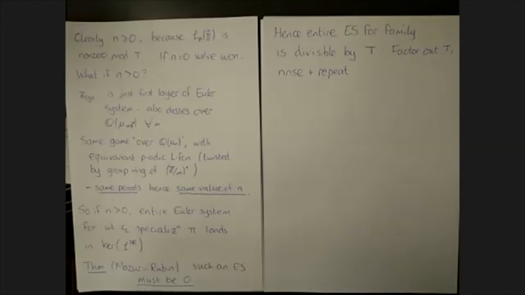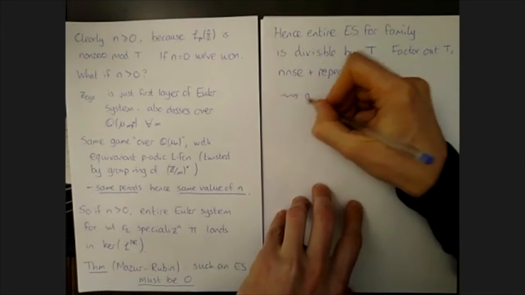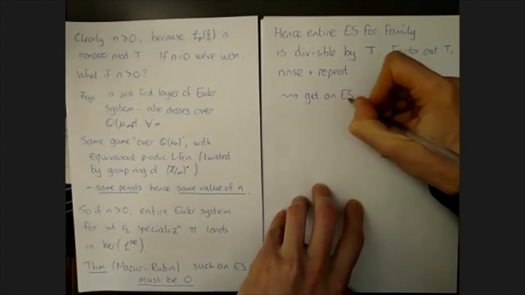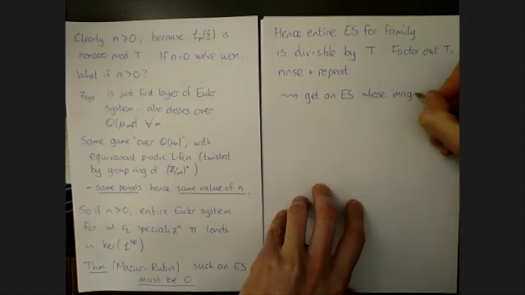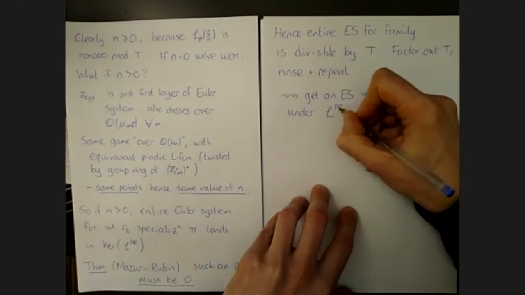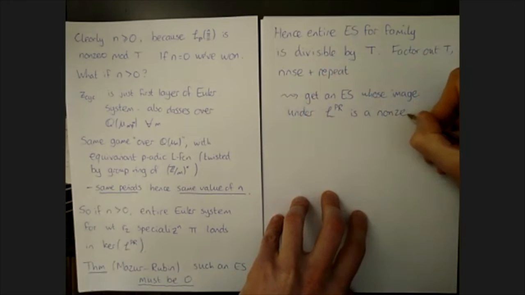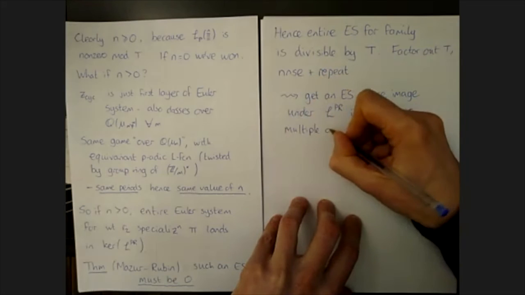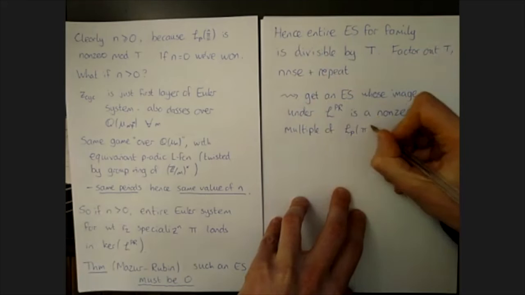And you keep going until you get an Euler system whose image under the regulator map is a non-zero multiple of the analytic p-adic function.